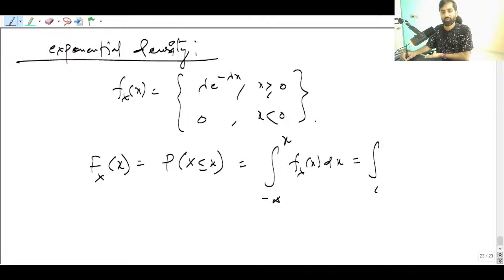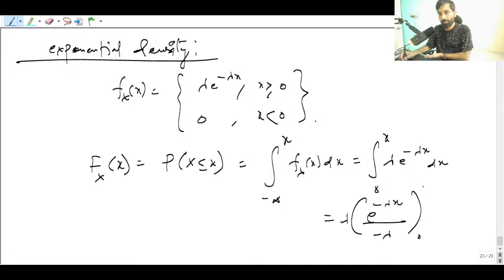So 0 to x lambda e raised to power minus lambda x dx. Now you can take lambda out. So this is e raised to power minus lambda x upon minus lambda, and if you put 0 to x, lambda gets cancelled here. You will get 1 minus e raised to power minus lambda x only. This is the answer.